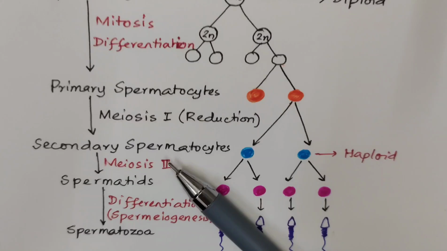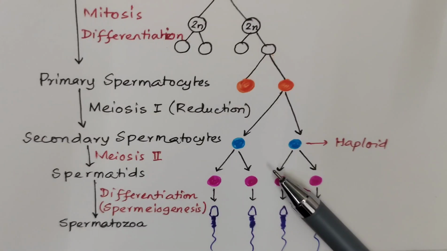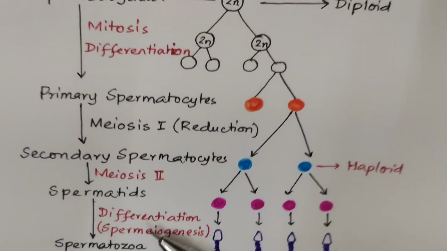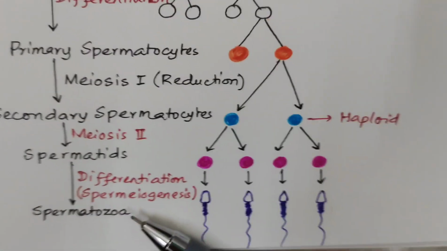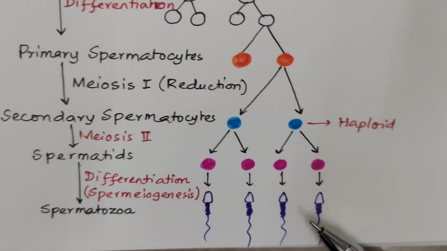They undergo meiosis 2 to form spermatids. And the spermatids undergo differentiation, called spermiogenesis, to form spermatozoa or sperms.